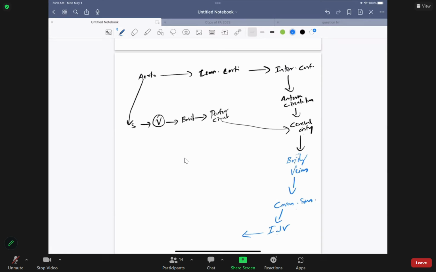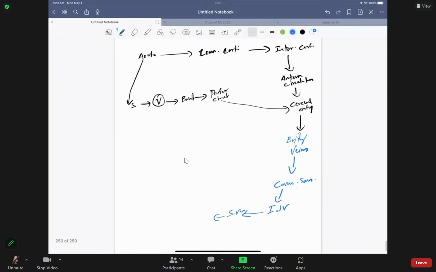Internal jugular vein joins with subclavian vein to form brachiocephalic vein. Both side brachiocephalic veins join and form the SVC. Is that clear, folks?